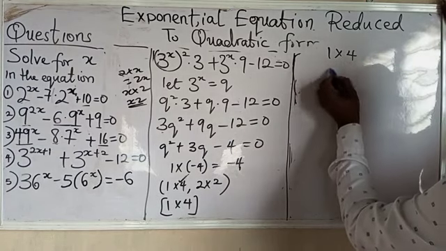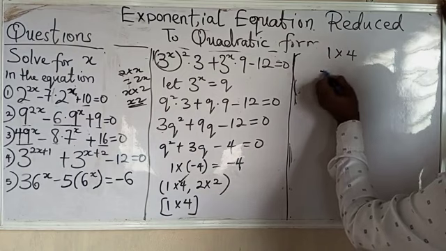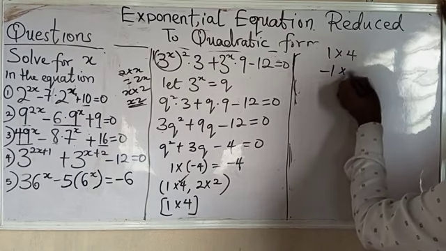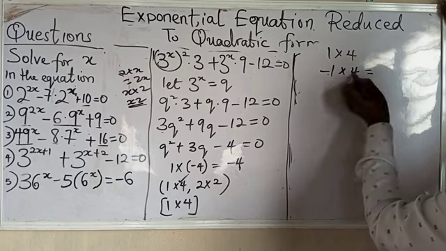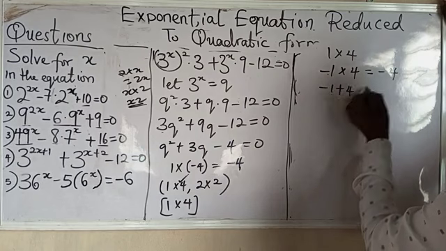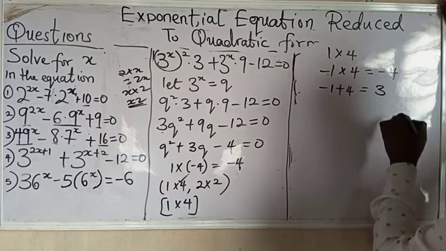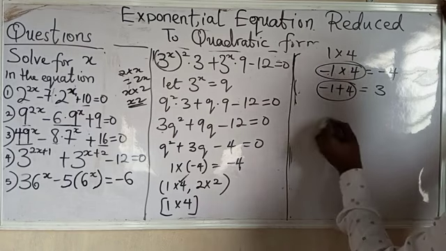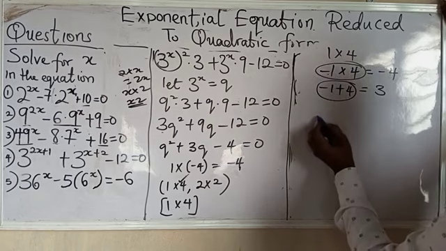So let's do it this way. If I put minus here and I have 4 here, minus 1 times 4 will give me minus 4. And minus 1 plus 4 will give me 3. So minus 1 and 4 is the right option for us, because let's use the other way around.